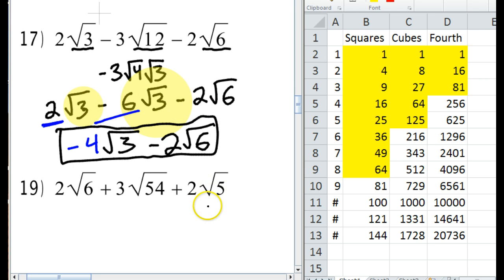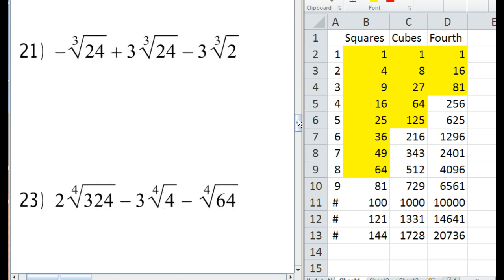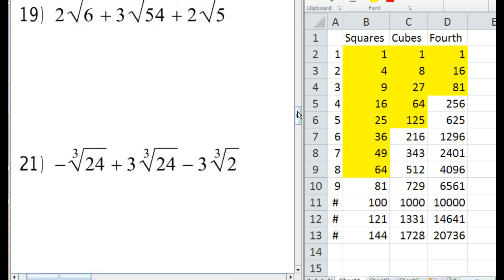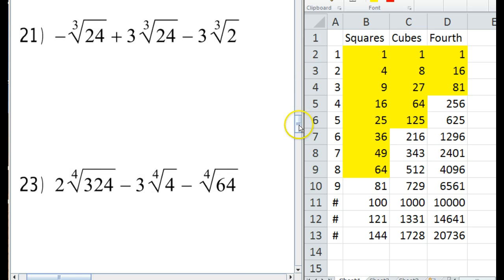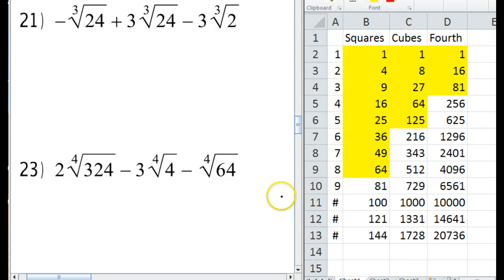Got it? Alright, so we can step it up and we can do cube roots as well.